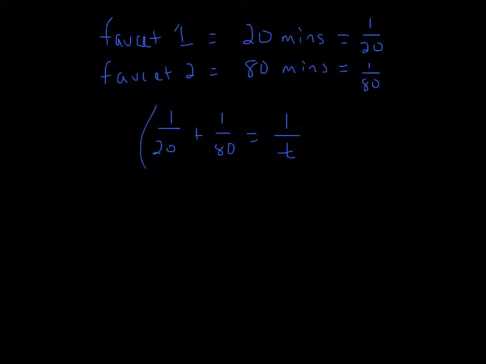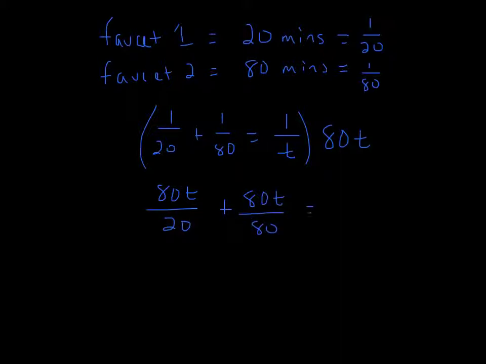So let's get rid of all of our fractions by multiplying by 80t, because that's common, right? So 80t over 20 plus 80t over 80 equals 80t over t. Hopefully you see we're just distributing here, right?